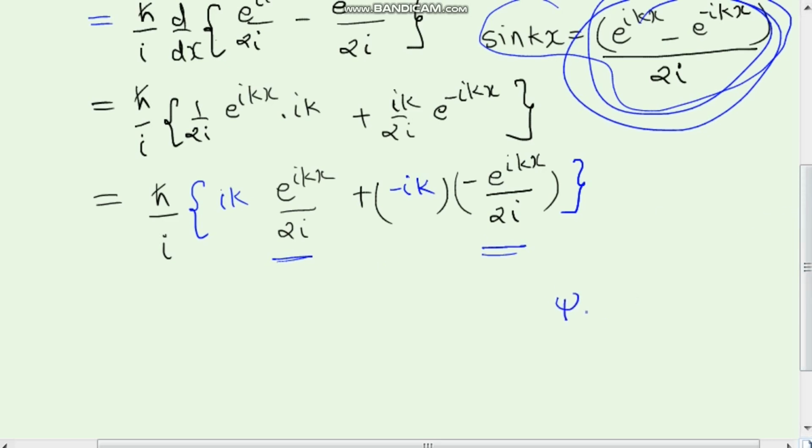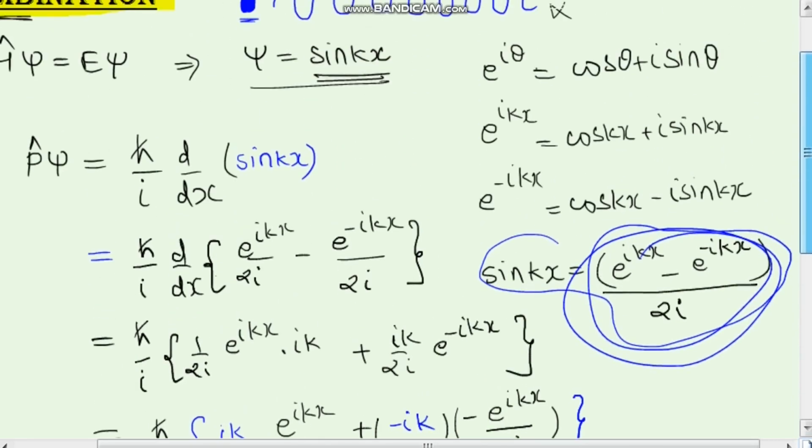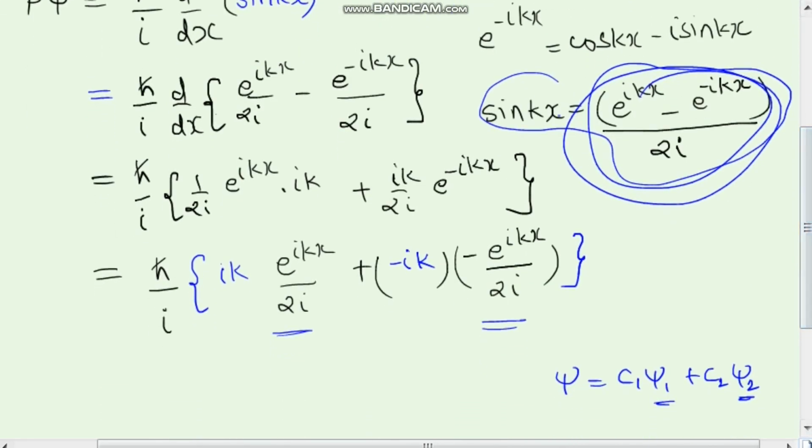Remember, we wrote psi as c1 psi1 plus c2 psi2. So psi1 and psi2 are, let's go back, e to the power ikx and e to the power minus ikx. c1 and c2 are 1 by 2i and minus 1 by 2i.